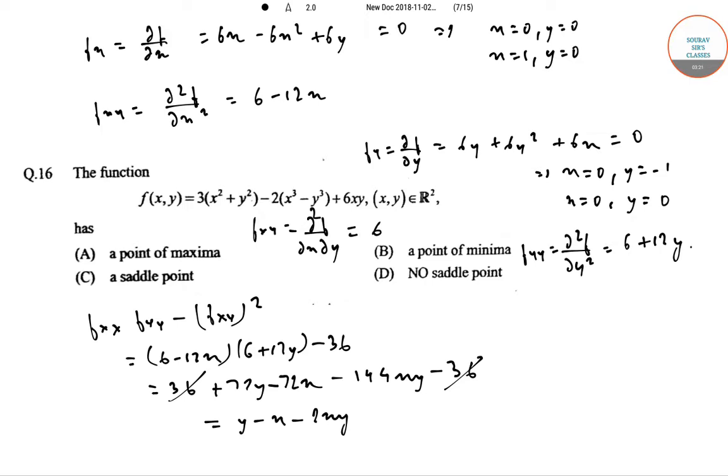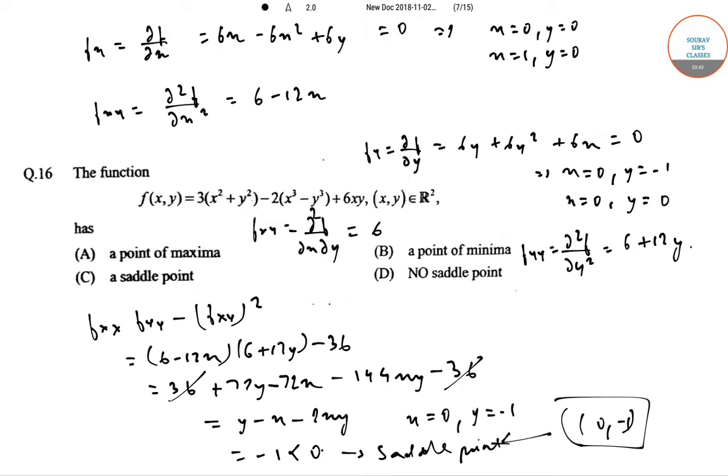Now, if we check at x is equal to 0 and y is equal to minus 1, this comes out to be minus 1, which is less than 0. Thus 0 comma minus 1 is a saddle point. So the correct option is option C.